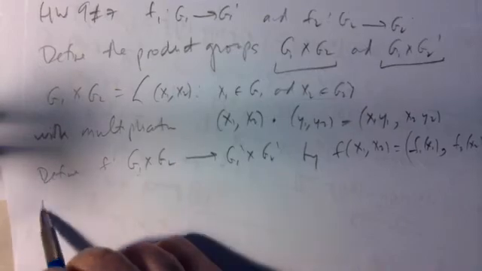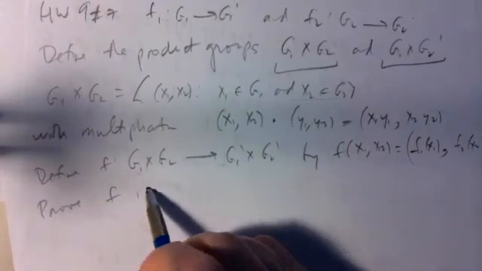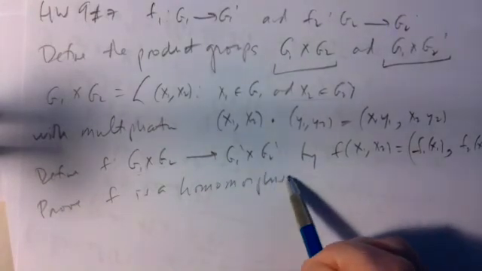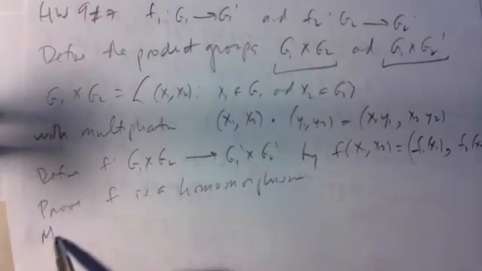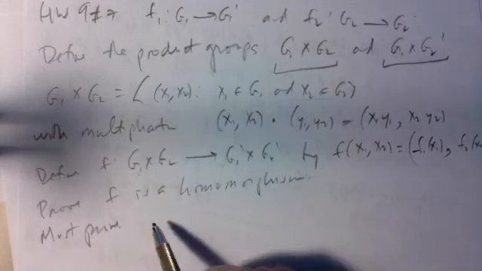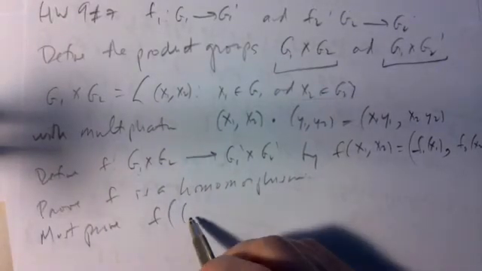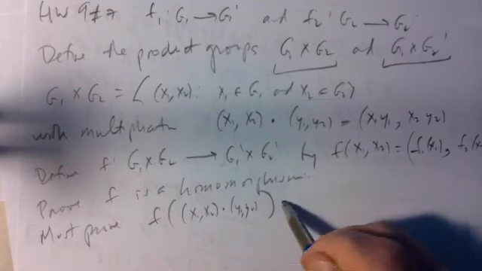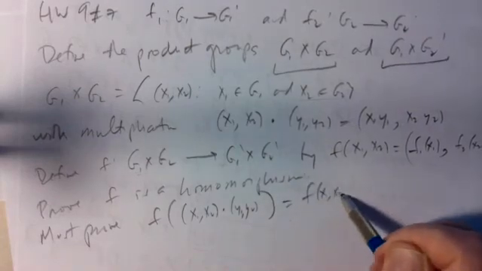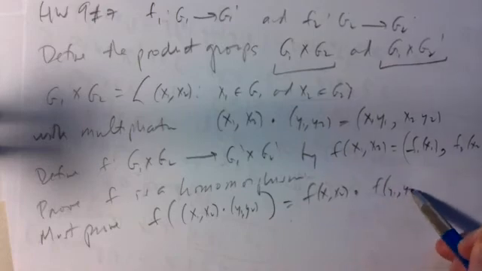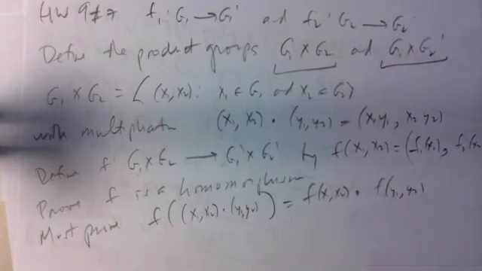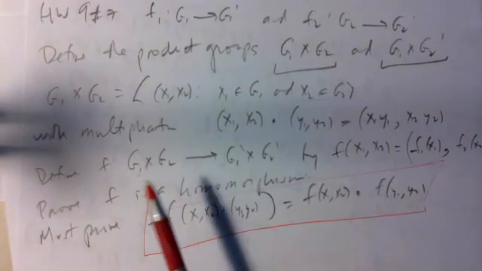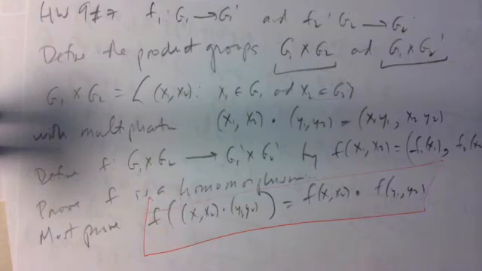And we want to prove f is a homomorphism. That is, we must prove that f of the product of two elements, x1, x2 times y1, y2, is f of x1, x2 times f of y1, y2. So that's what it means for f to be a homomorphism on the group G1 cross G2.